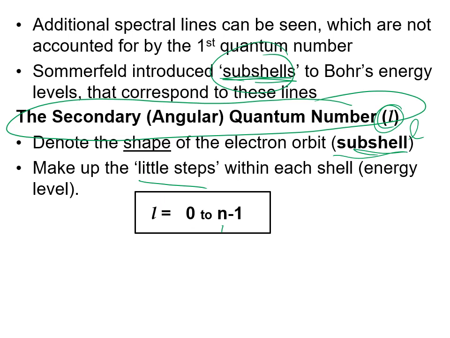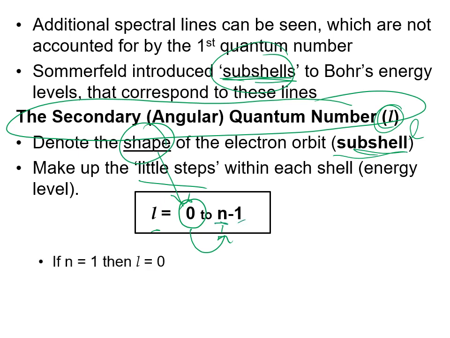You could have an L value, and we're going to use these as labels. The L value itself could have a value of 0. Again, this is referring to the shape, so think of that as a label. It's not saying it's nothing. It's saying that it has a shape, and we're going to call that shape 0. This shape value could go up to whatever n is minus 1.